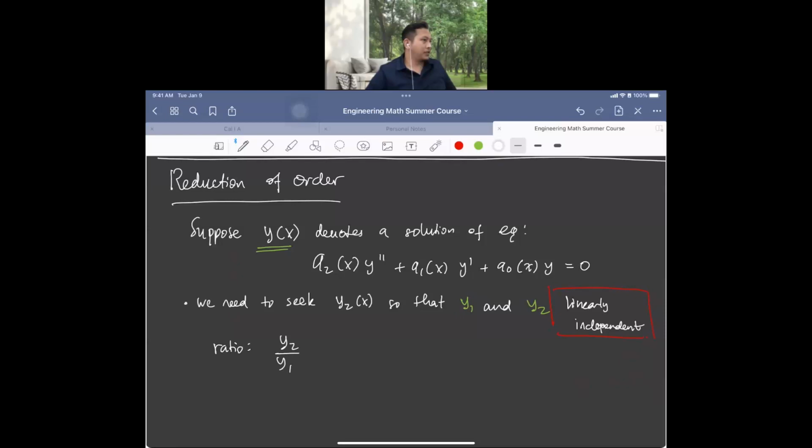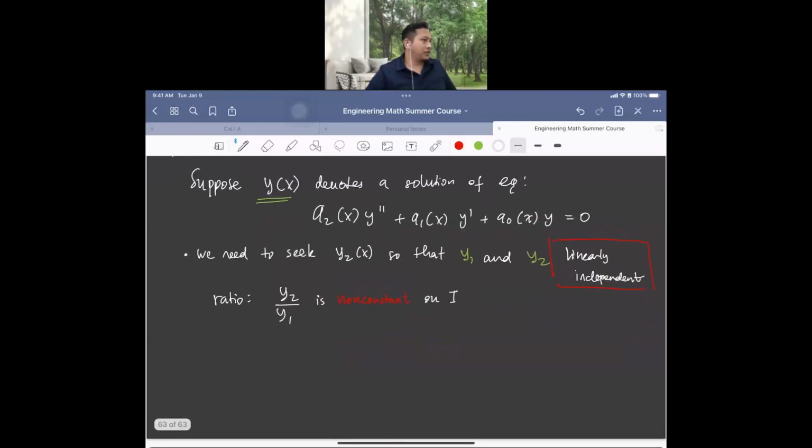So the ratio y2 over y1, because they are not scalar multiples of each other, is non-constant on interval I. Because they are linearly independent, we can say that y2 over y1 is a function of x, let's say u, or y2 of x is u of x multiplied with y1 of x. It's kind of similar to substitutions.